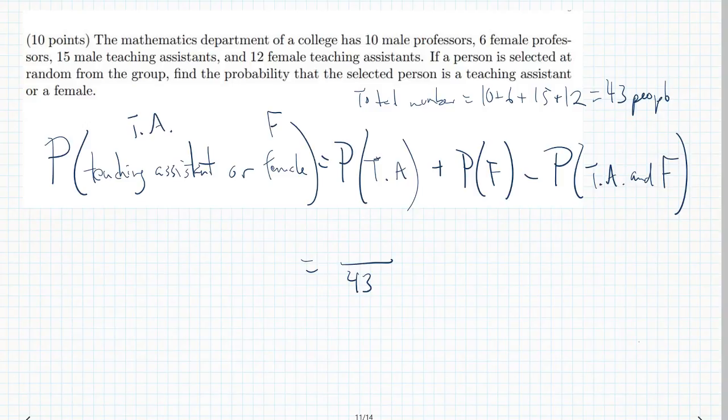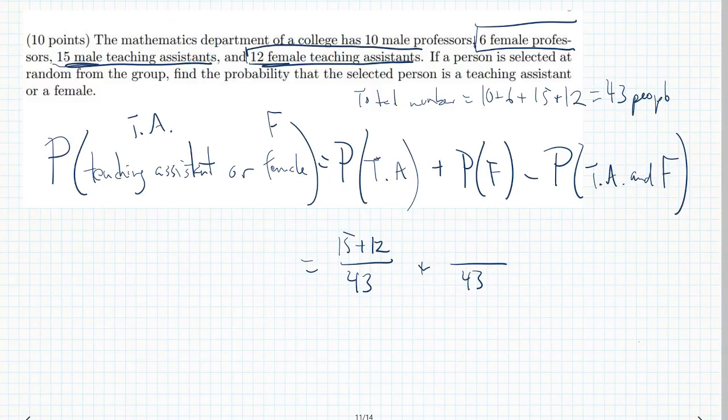Now, the number of teaching assistants. So we have 15 male teaching assistants and 12 female teaching assistants. So that makes 15 plus 12 for our teaching assistants. Now let's look at the number of females. So we have, I'll box this one, 6 female professors, and we have 12 female teaching assistants.